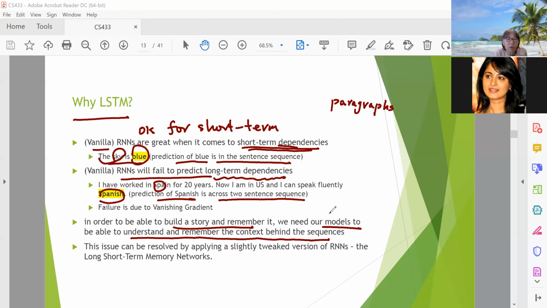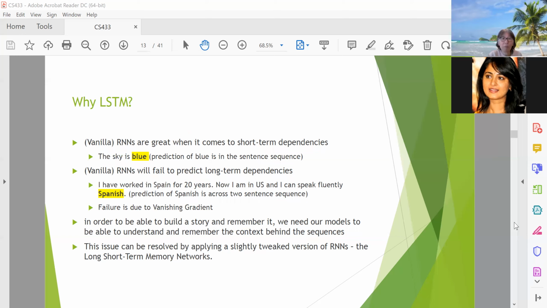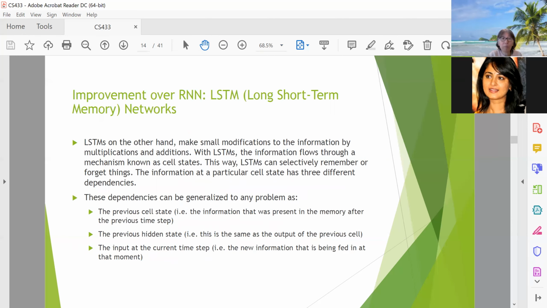That's why we have long short-term memory networks. Let's see what that is. What improvement is it? Basically, long short-term memory is an improvement over RNN.